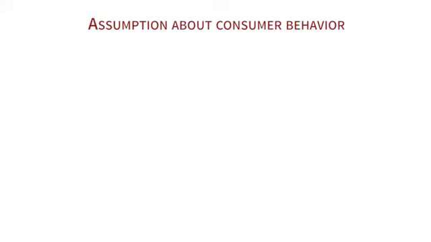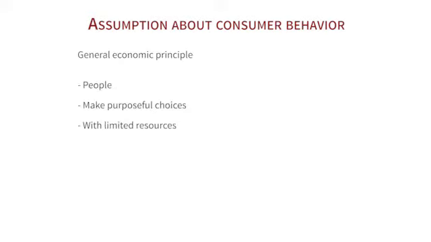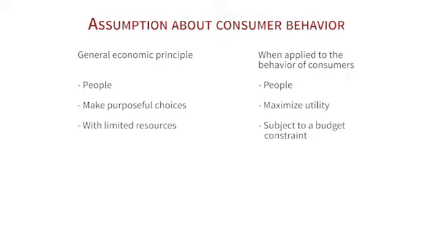To get the individual's demand curve, we're going to apply that general economic principle that people make purposeful choices with limited resources. That's the mantra that we've emphasized as a general principle of economics. When it's applied to the demand curve, we want to think about consumers. So we want to apply this principle to the behavior of consumers.